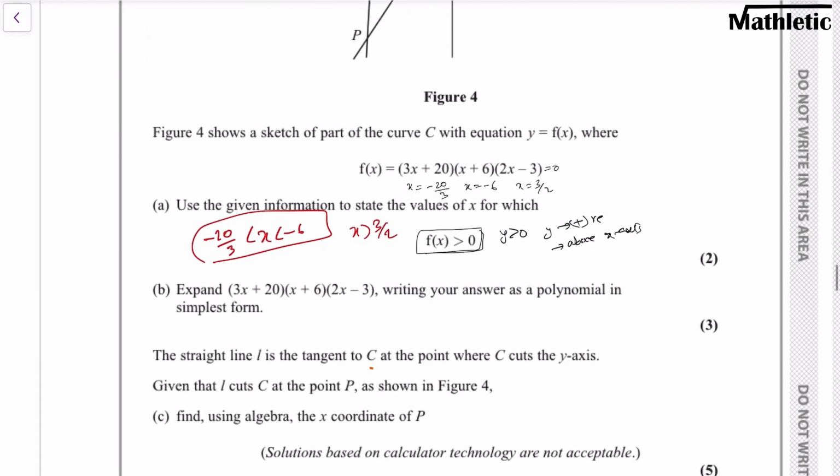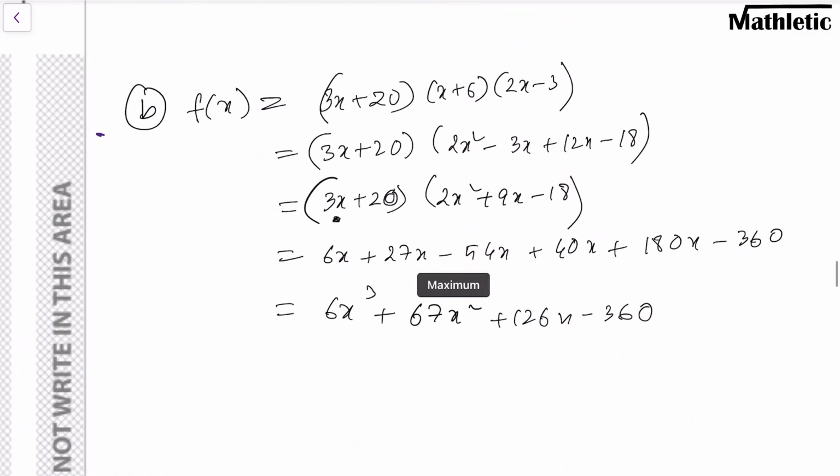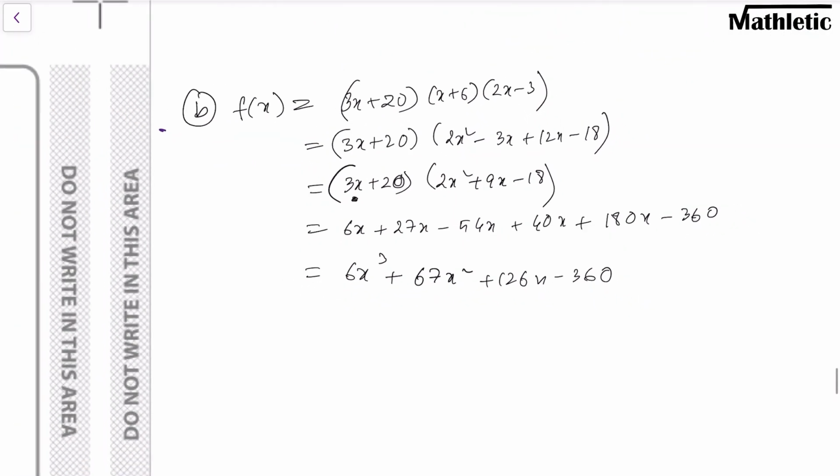For part B, we just need to expand this expression of f of x. It's just that we need to simplify it, nothing else. If I keep this thing here and multiply these two brackets, you get something like this. Simplifying this will give us 9x, and then you multiply 3.